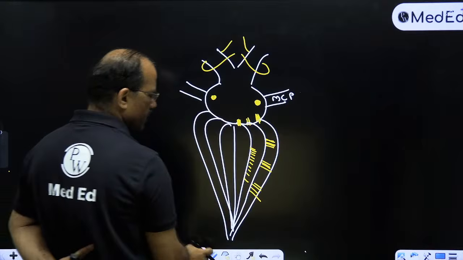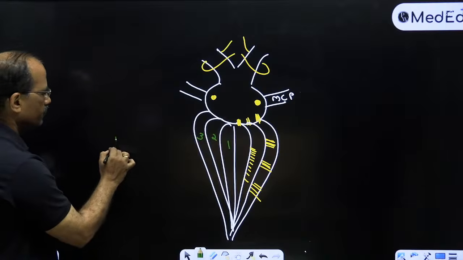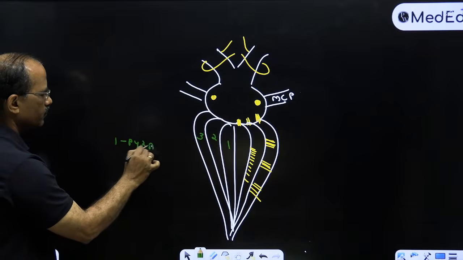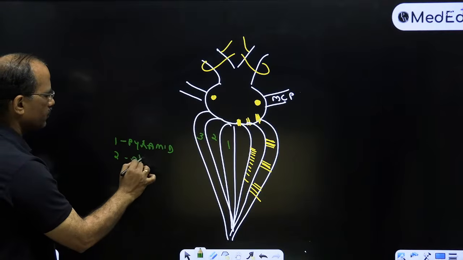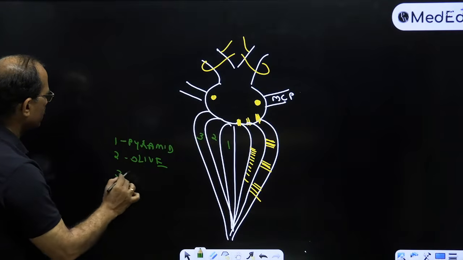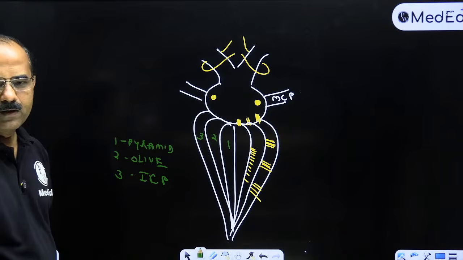Answer this. So it's the inferior cerebellar peduncle.